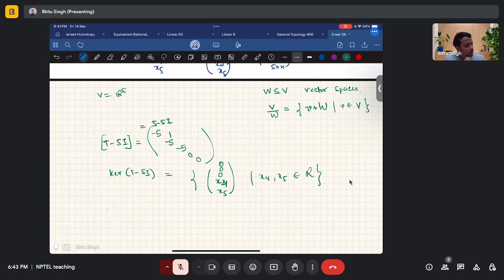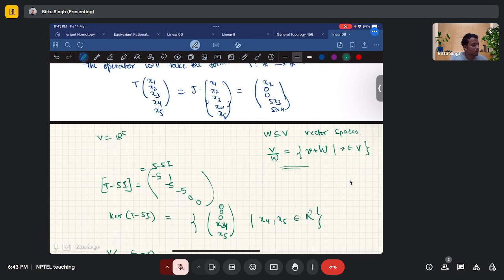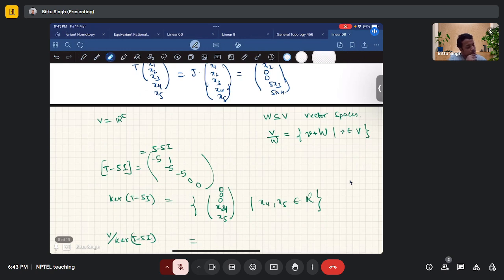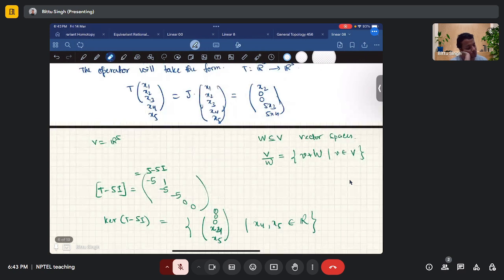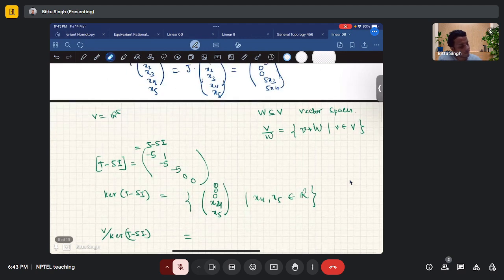And now what is V mod kernel T minus 5I? It will again look like this, but if we are not familiar with orthogonal complement, okay, without using this, we can write it.